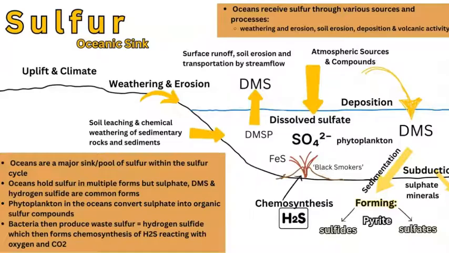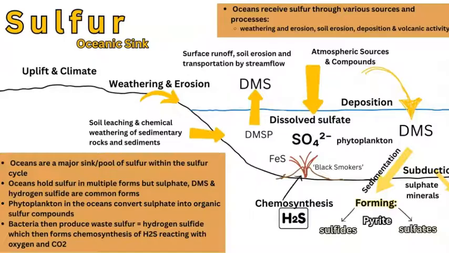Also, you get soil leaching. It's going to take the sulfur back into the groundwater and eventually back into the oceans. So once it's in the oceans, we have this inorganic sulfur being actively taken by phytoplankton, by bacteria, and converted into organic sulfur.